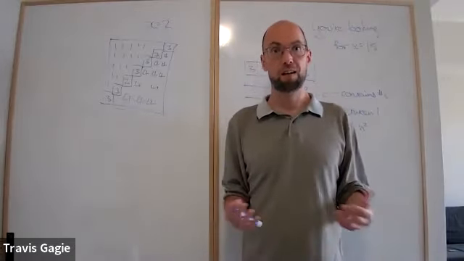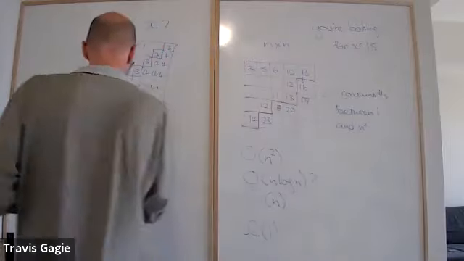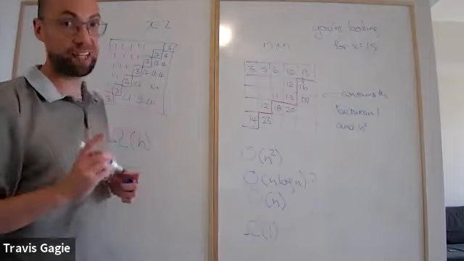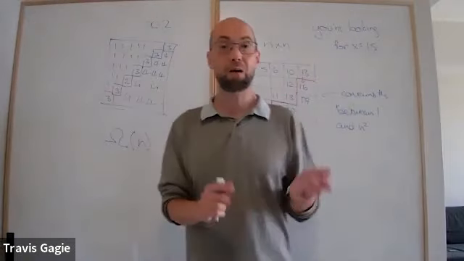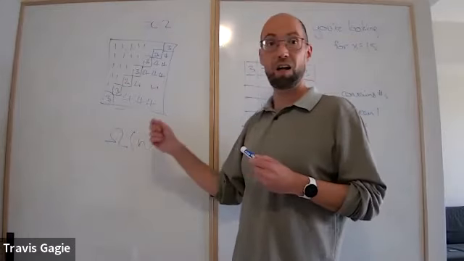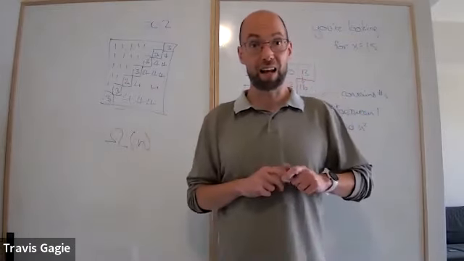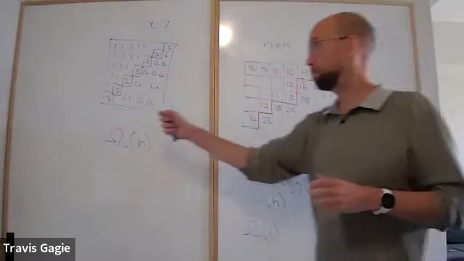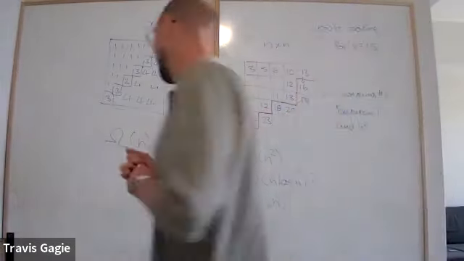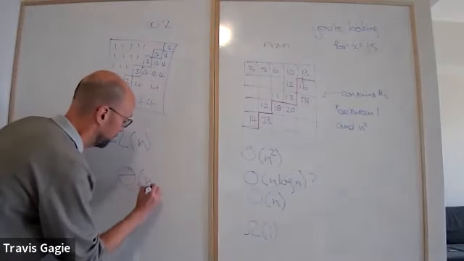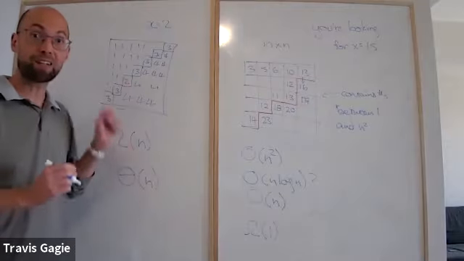N. So that's where we get this lower bound that says in the worst case, not in the best case, you have to check big omega of n. And then we have big O of n and big omega of n. And how many cells do you have to check in the worst case? Theta of n. This is now a tight bound.